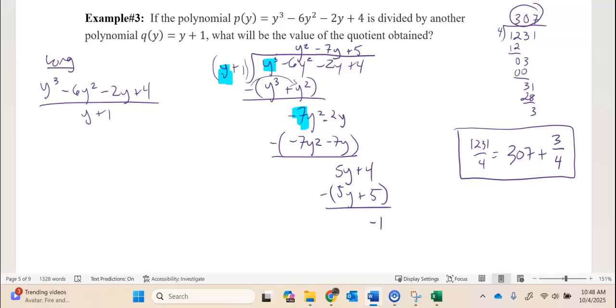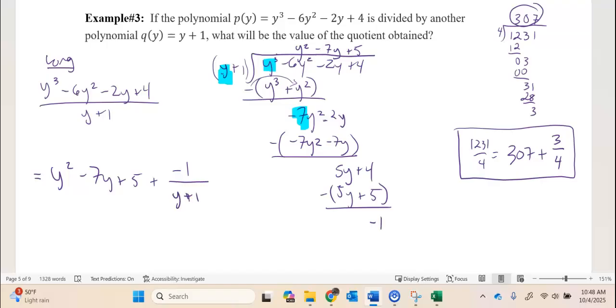long division. And then another way to write this expression that I started with, this cubic divided by this linear, is equal to the result, y squared minus 7y plus 5 plus the remainder over the divisor. This is like the mixed number version of polynomials.